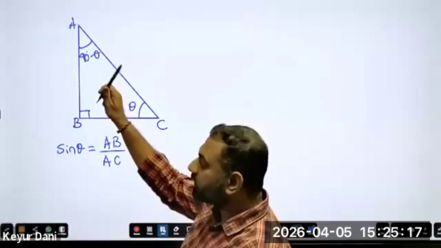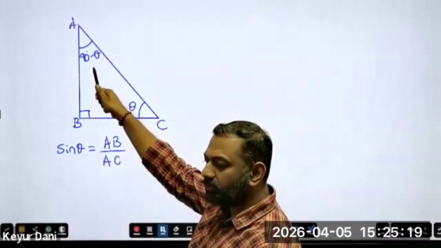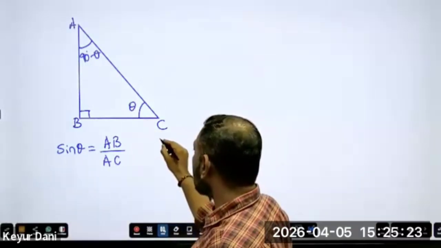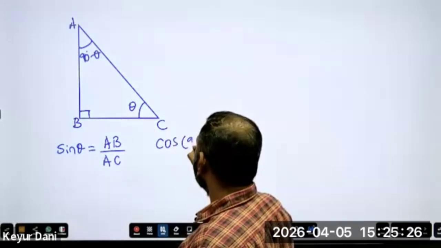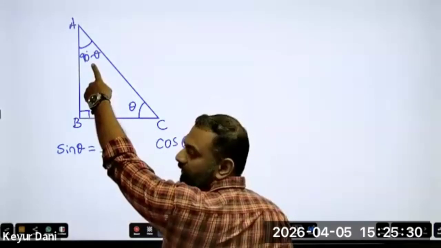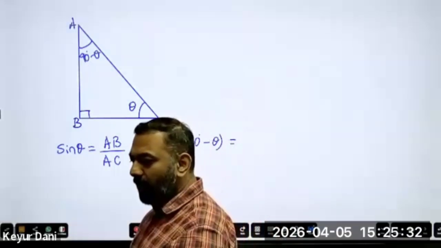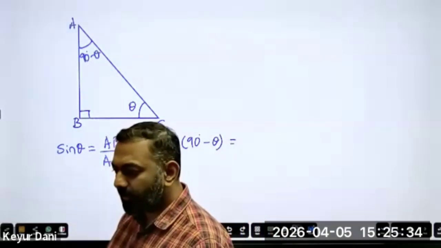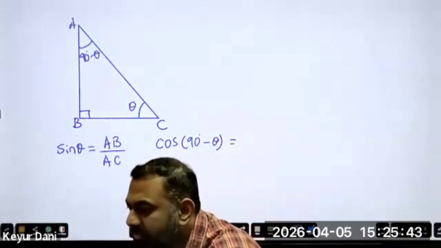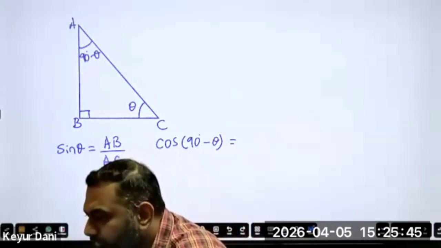Now take 90 minus theta as your focus point and find cos of 90 minus theta. For this particular angle, the cos ratio gives you adjacent side upon hypotenuse. Tell me, for this 90 minus theta, which is the opposite side? BC is the opposite side.